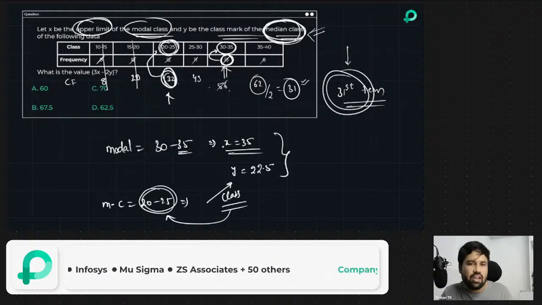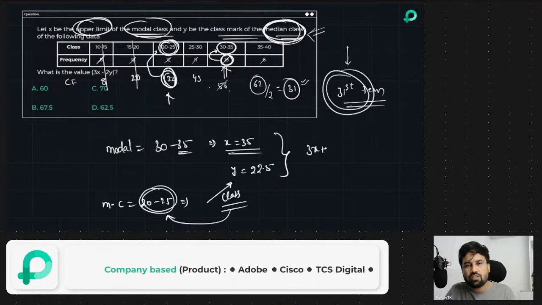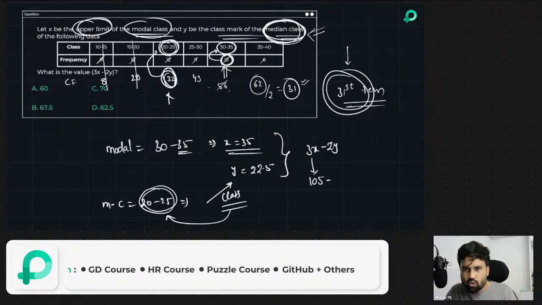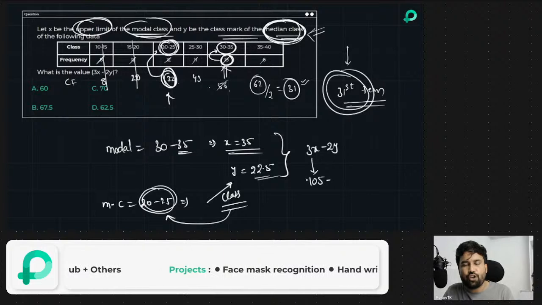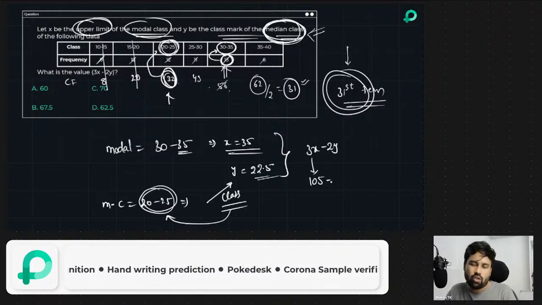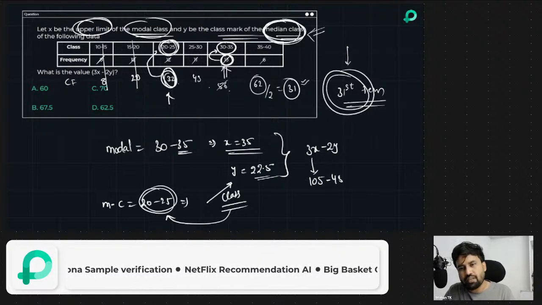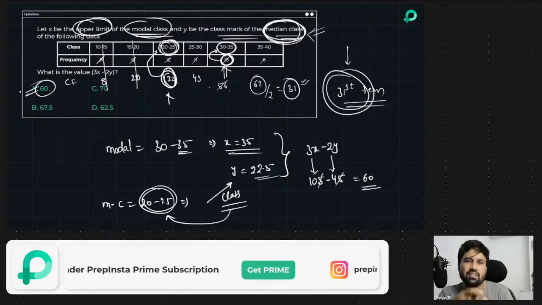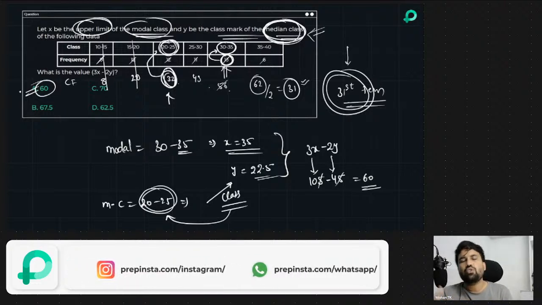So we know the x and y values, and we need to find the value of 3x minus 2y. 3x is 3 times 35, which is 105, minus 2 times 22.5, which is 45. So the difference is 105 minus 45, which is 60. So option A is correct. 60 is the value of 3x minus 2y.